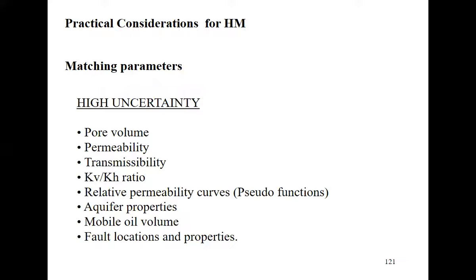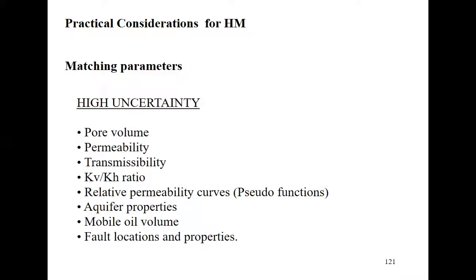But we have to make this assumption. Transmissibility, we cannot check. For example, aquifer properties: rarely do we have wells crossing the aquifer, taking cores and making logging. In the aquifer, we also generally make assumptions because we have a lack of data.